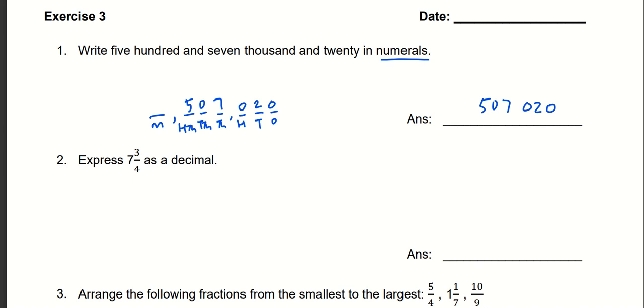Question number 2. Express 7 3/4 as a decimal, so you have a whole number portion, decimal portion, 3/4. So previously, we've discussed some of the common fractions for conversions into decimals for memorizing.